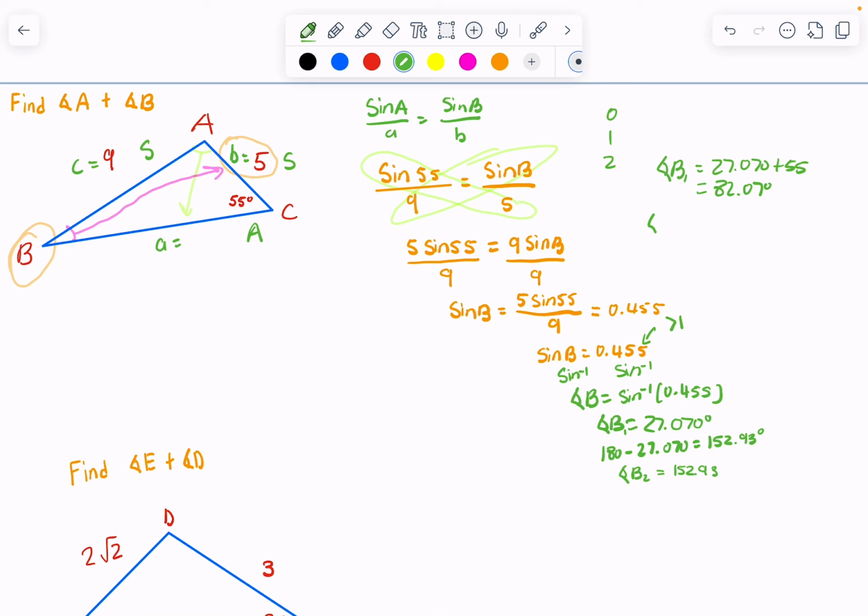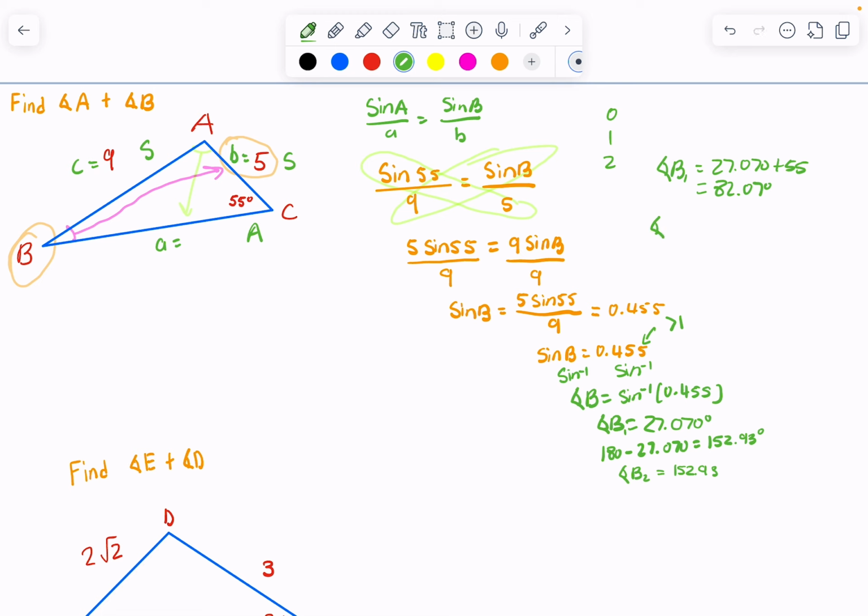And that's possible because it's less than 180. That means we could find the other angle by subtracting 82.07 from 180 to find our third angle, because the total angle in a triangle is 180.